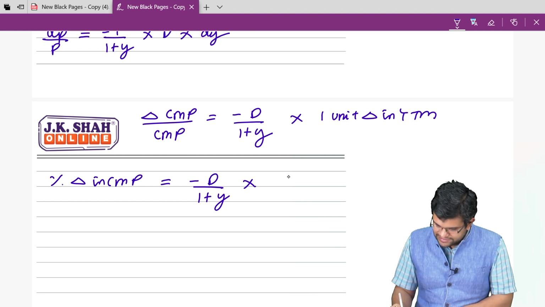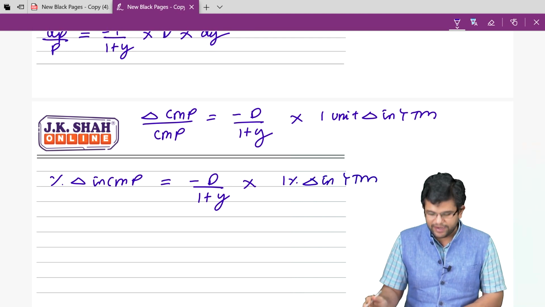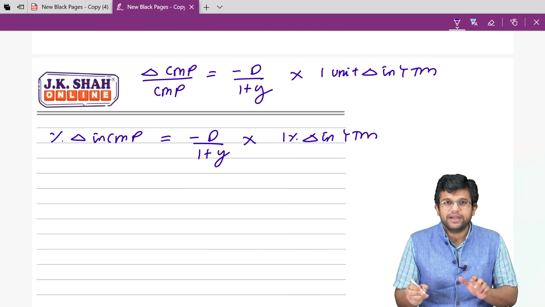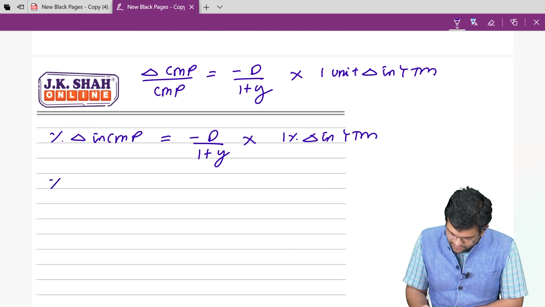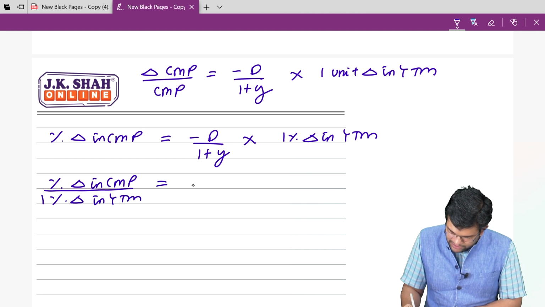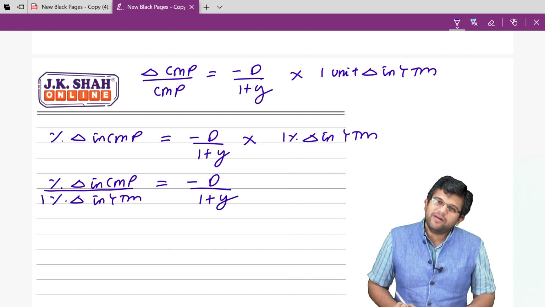So I'll write down here 1% change in YTM. Now this 1% change in YTM, let us take it to the LHS. Can I say therefore percentage change in CMP upon 1% change in YTM is equal to minus d upon 1 plus y? Everyone following?